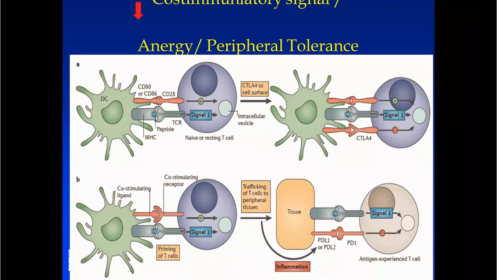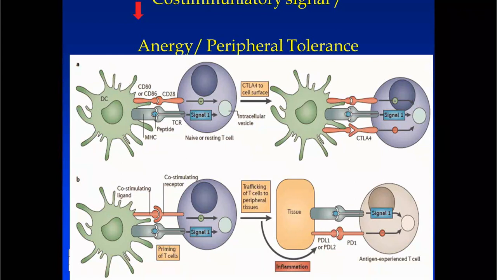This means they will lead to inhibition of the priming of the T lymphocyte, or they will cause anergy of the T lymphocyte. In the first case, we have a dendritic cell presenting antigen to the T lymphocyte. We have the first signal, binding of the T cell receptor with the peptide and MHC.